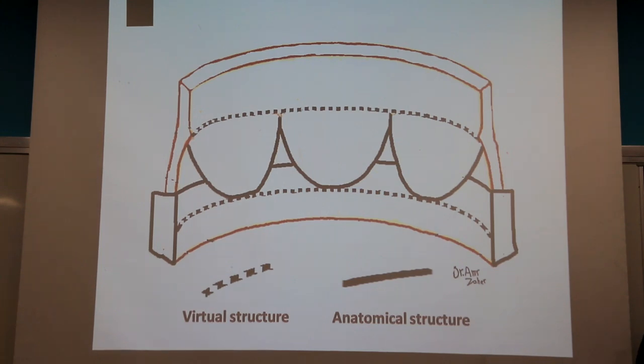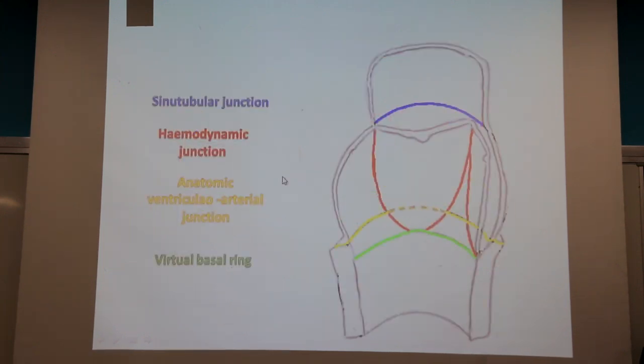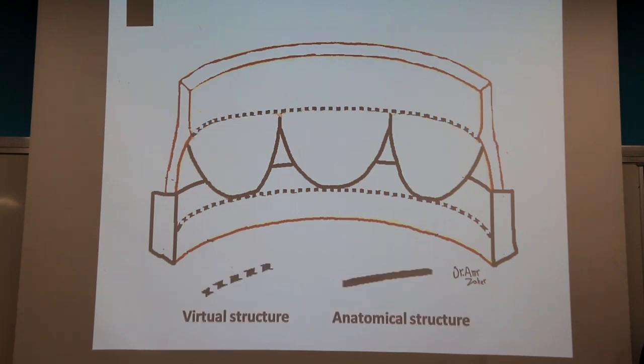While the virtual structures are the sinotubular junction and the virtual basal ring. I'm going to repeat it again. We have virtual structures like the virtual basal ring and the sinotubular junction, while the two anatomical structures are the anatomical ventricular arterial junction and the hemodynamic junction.